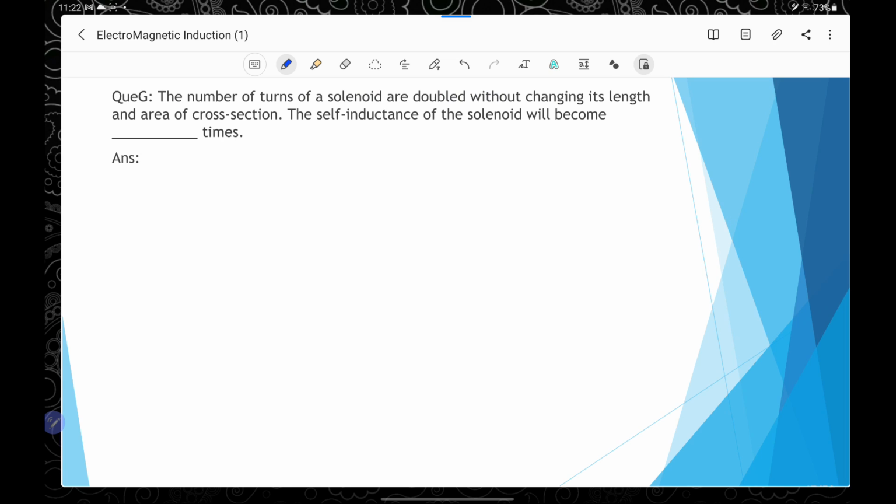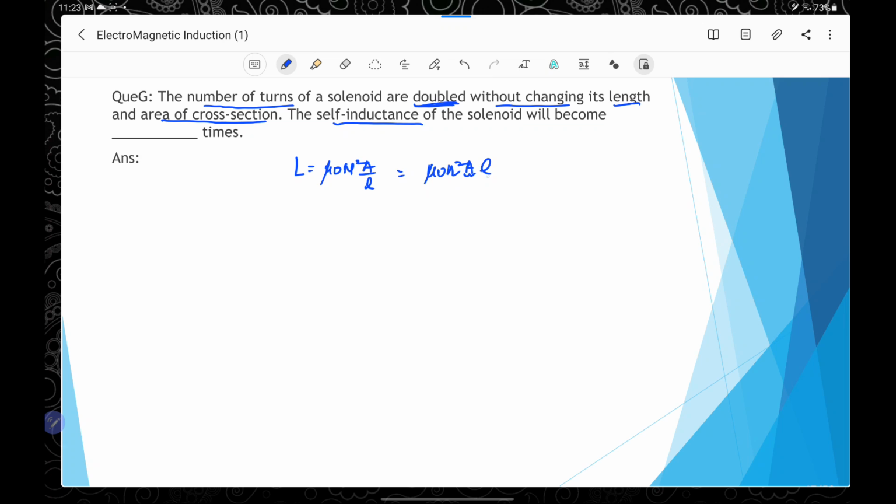Next question: the number of turns of the coil of a solenoid is doubled without changing its length and area of cross section. The self-inductance of the solenoid will become dash times. It is a very easy question. We have already said that L, the coefficient of self-induction, is equal to mu naught n square A l, or it can also be written as mu naught N square A by l.